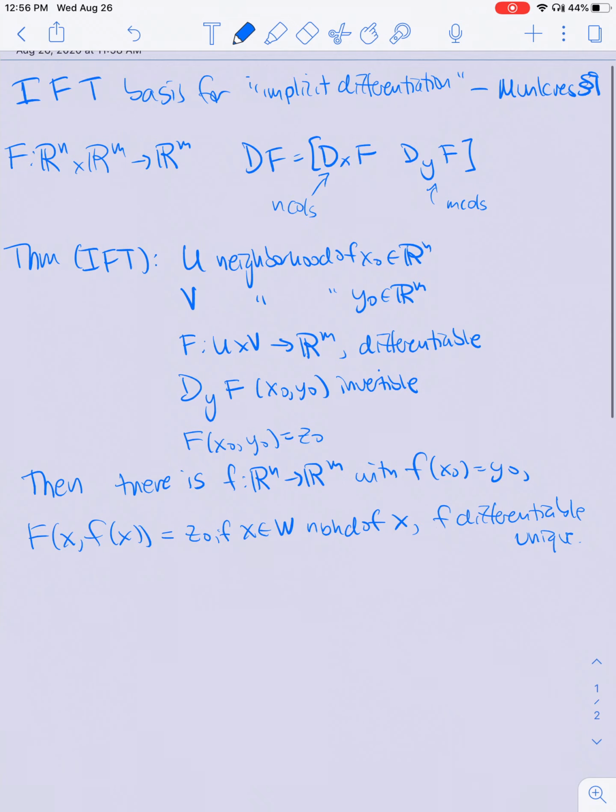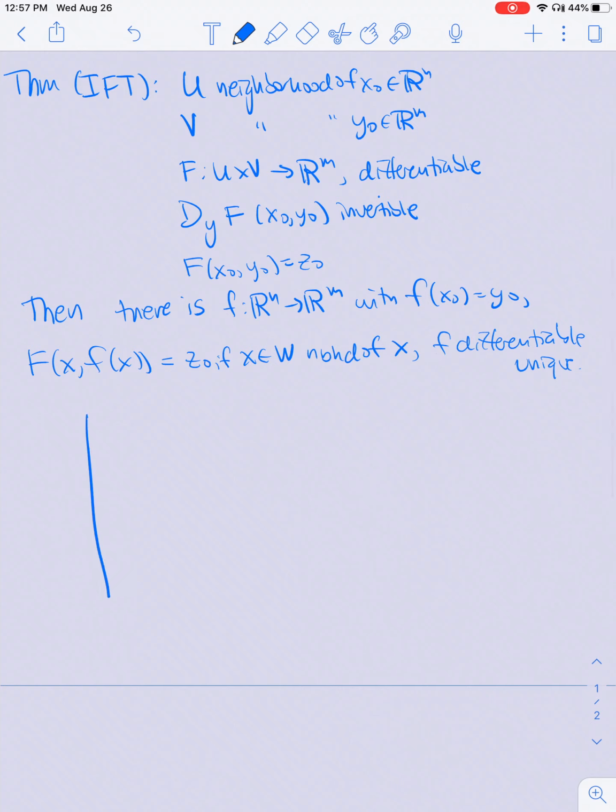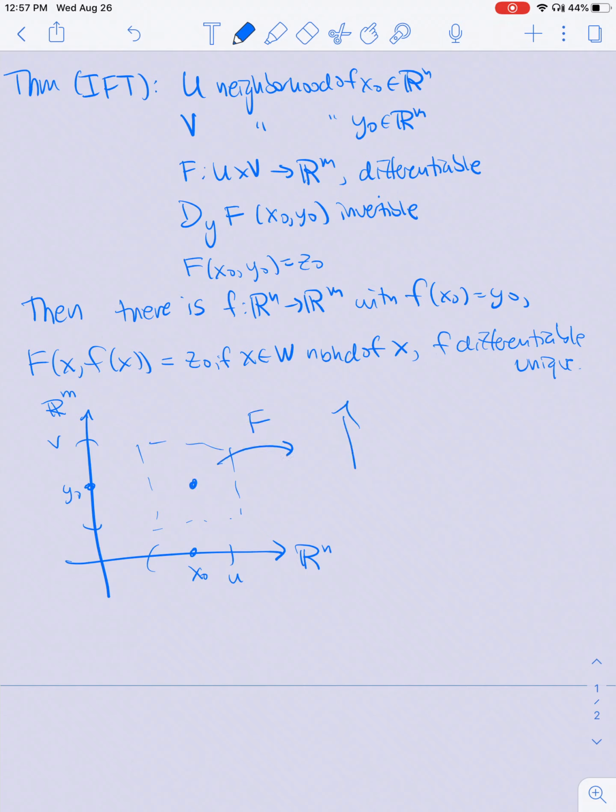So before I prove the theorem, I'm going to draw a cartoon. In this cartoon, the x-axis is the R^n directions, and the y-axis is the R^m directions. So f would be defined on this block, and it would send that block to R^m.